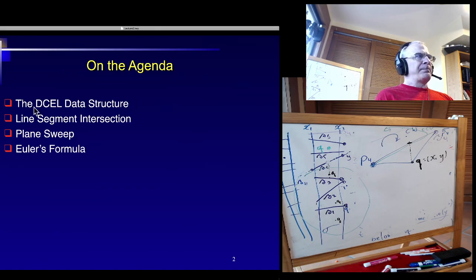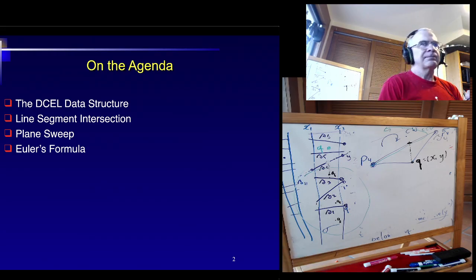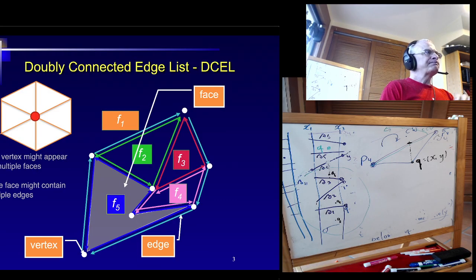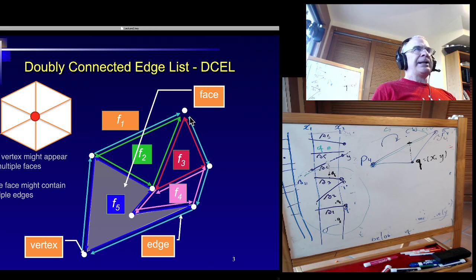So our first topic is the doubly connected edge list data structure. I know that Amir and others might have seen it in graphics. So what happens when I take the plane and I want to partition it?